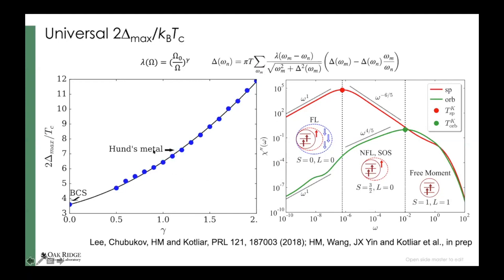This basically corresponds to the Hund's metal point. And the 2 delta over kBTC is something like 7.5 or 7.6, which I consider a very nice agreement with the experimental data. So that basically tells us that if you put the Hund's physics in your gap function, it does reproduce a lot of the experimental data.